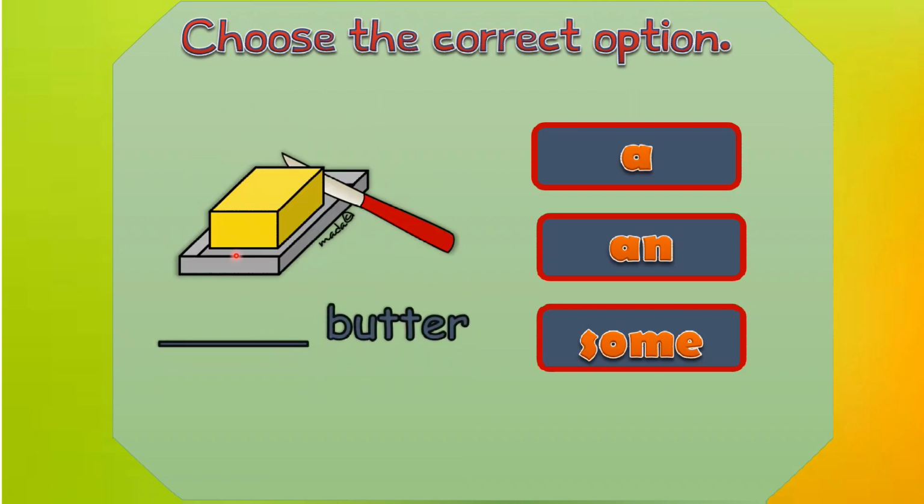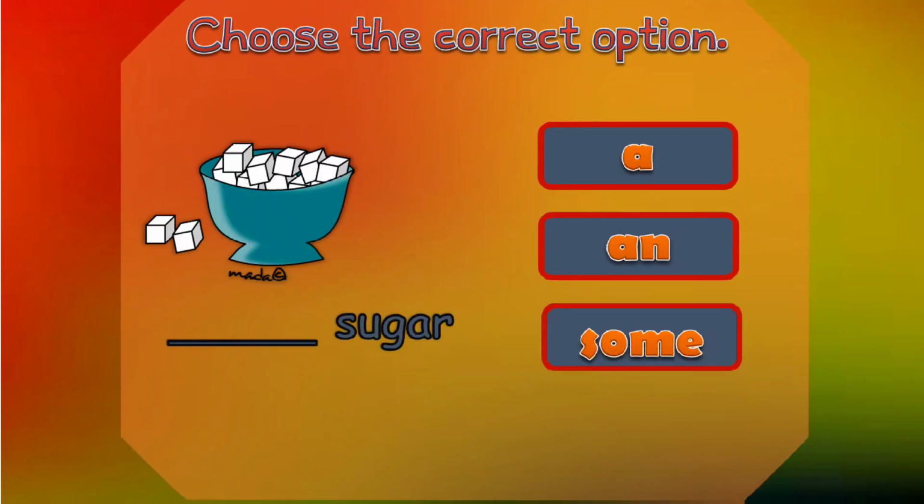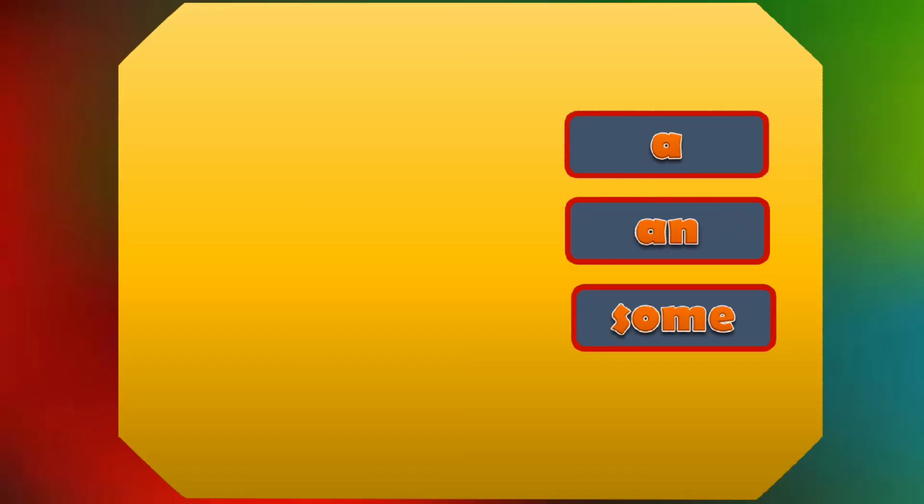How about this one? Butter. Can you count the butter? No, you can't. It's an uncountable noun, so we will use some butter. This one also is sugar. We'll be using some sugar because you cannot count the sugar, right?